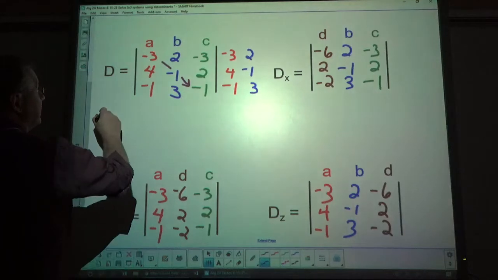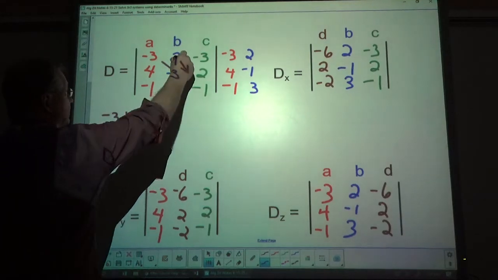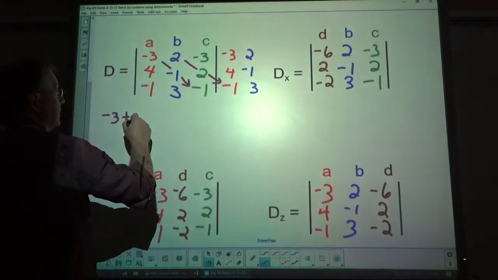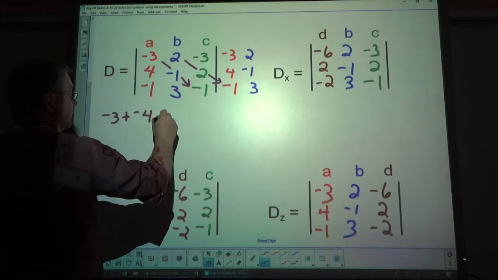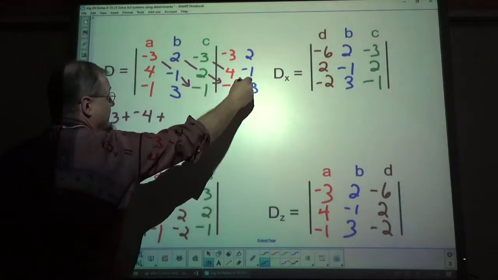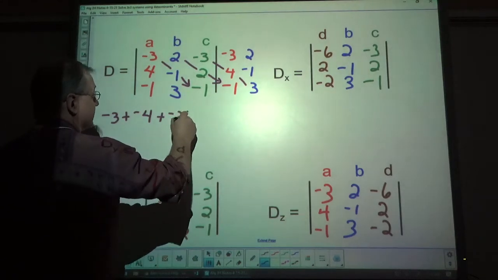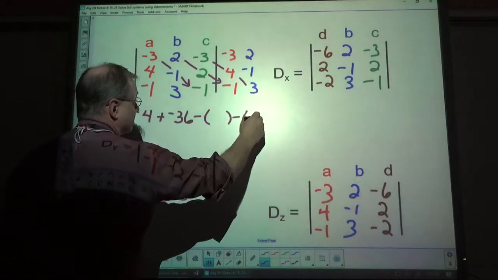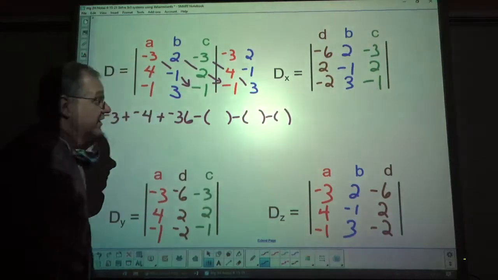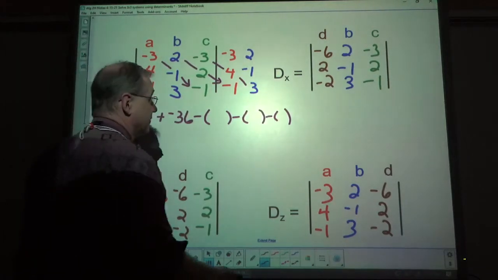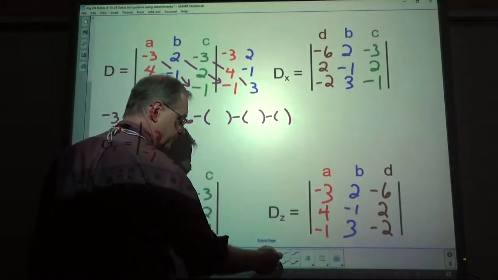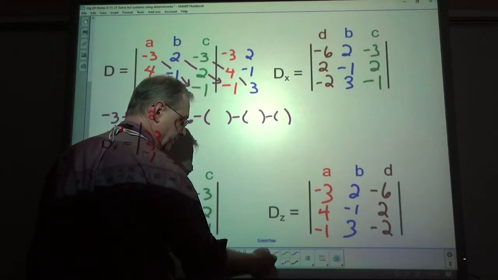So this gives me -3 plus -4 plus 36 minus, and we have to write a little smaller, because otherwise we're not going to have room. Let's go the other way.